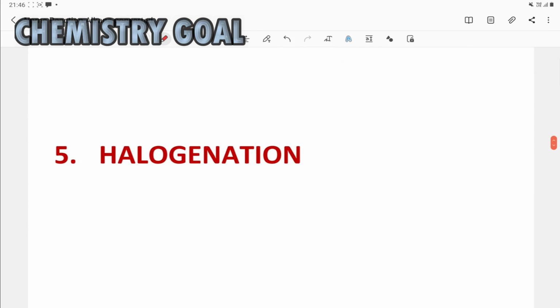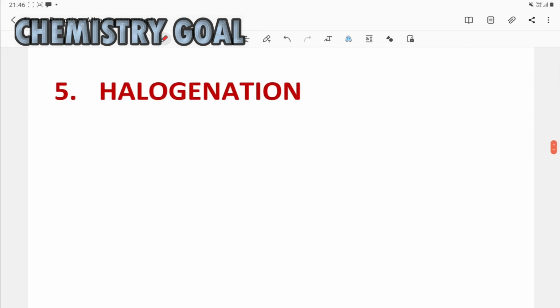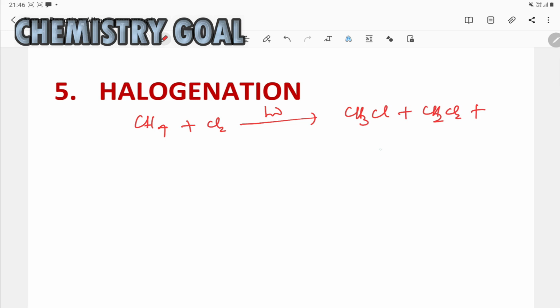Halogenation of alkane. If you write this also, it is possible. Here, suppose methane in the presence of chlorine and light produces methyl chloride, dichloromethane, trichloromethane, and carbon tetrachloride, because it is a substitution reaction of halogenation.